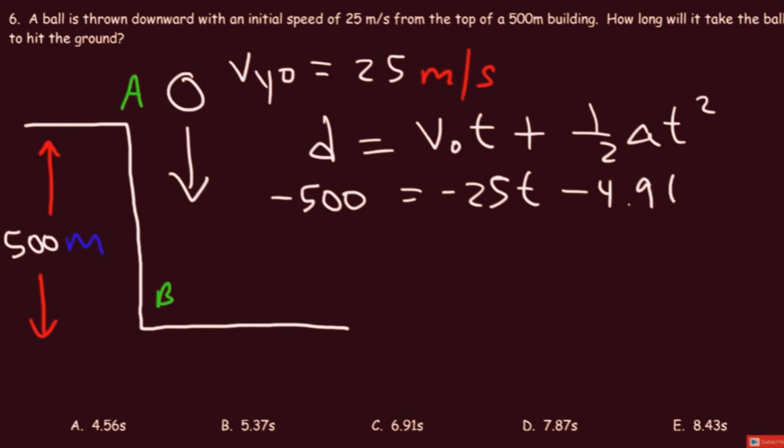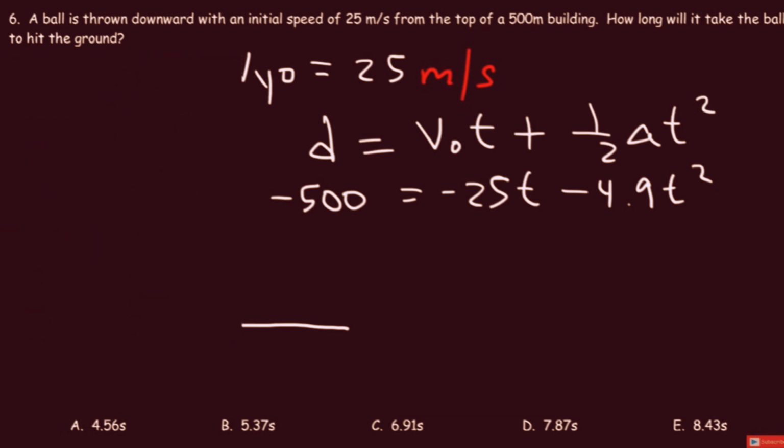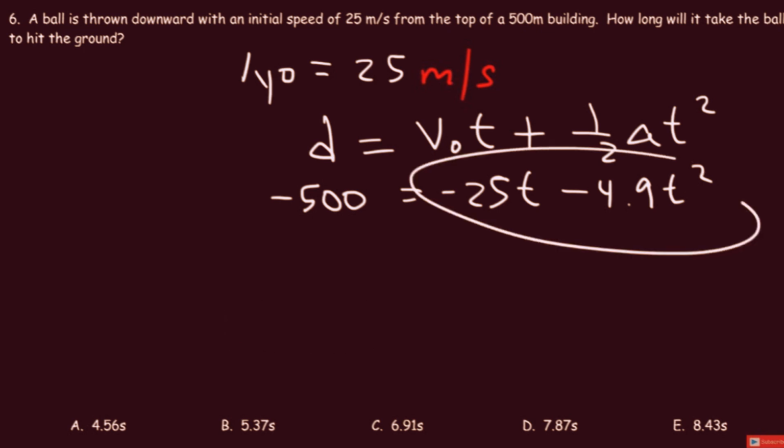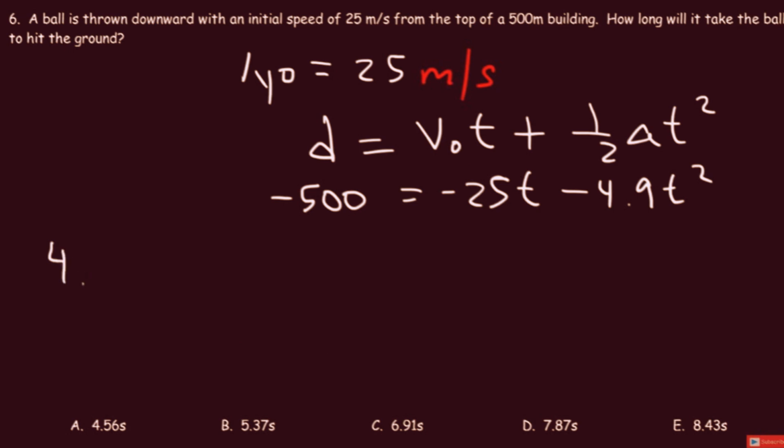So this is the expression that we have, a quadratic equation. So we need to use the quadratic formula to solve for t. So let's take everything from the left side and move it to the right side. So this is going to be 4.9 t squared plus 25 t minus 500, and that equals 0.